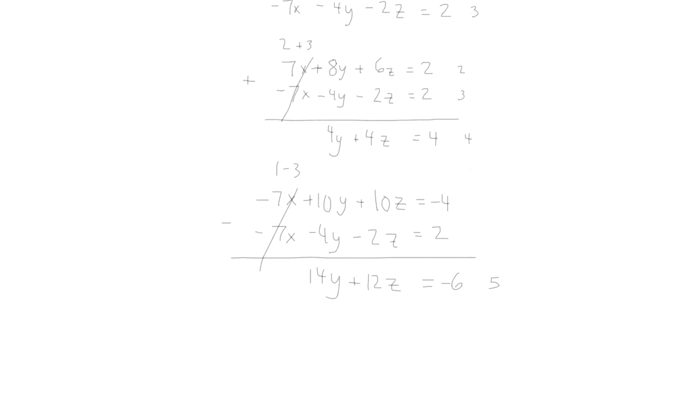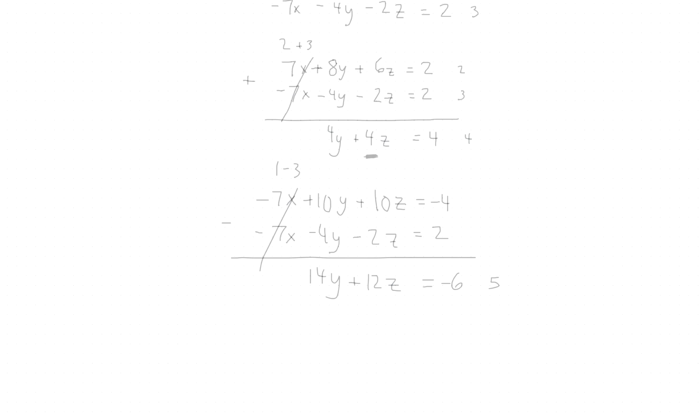Now, on equation 5, the y coefficient is 14 and the z coefficient is 12, right? So we want to match up the z coefficients. How can we make this 4 right here be 12?